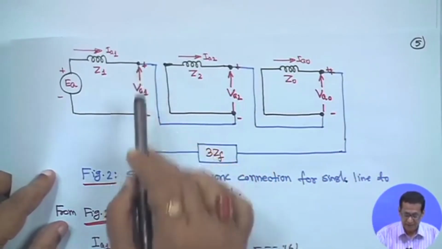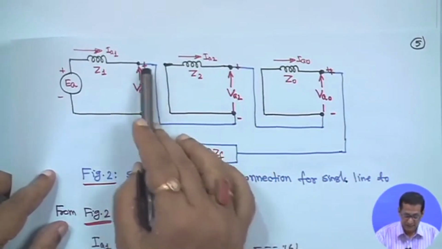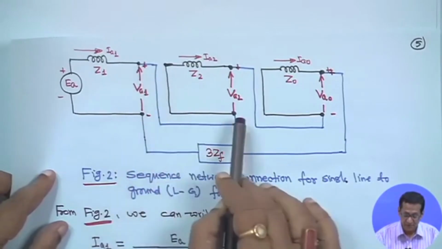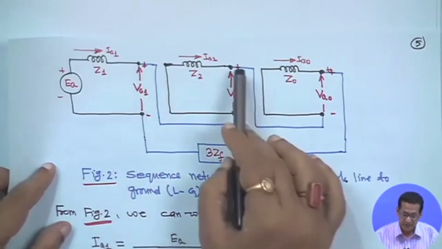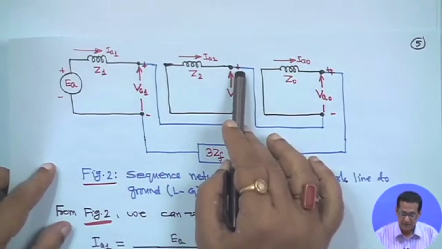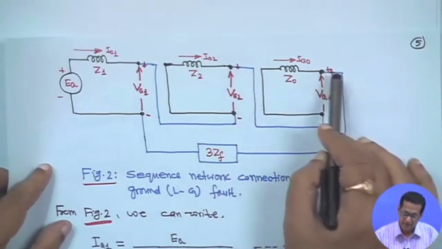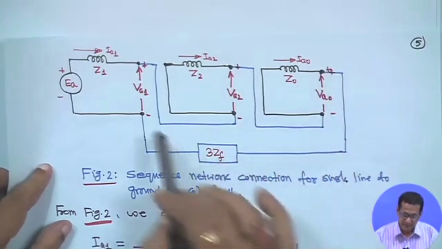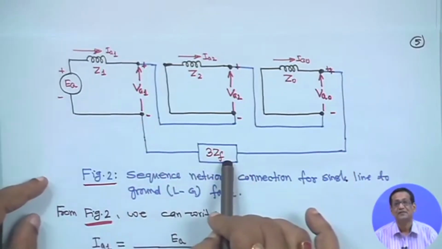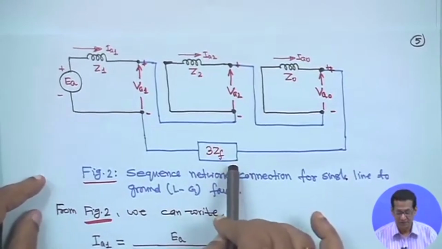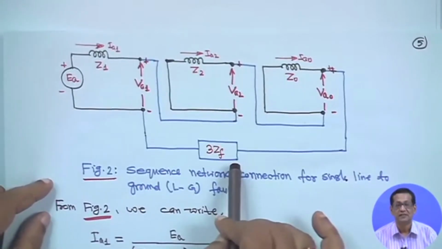So, as a series connection, this blue plus will be connected to the minus. Similarly, from the negative sequence, the plus terminal will be connected to the minus, and finally, from zero sequence, plus will be connected to the minus through 3 ZF, because VA1 plus VA2 plus VA0 is equal to 3 ZF.